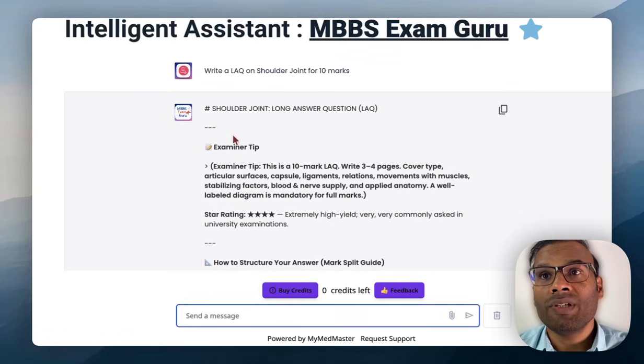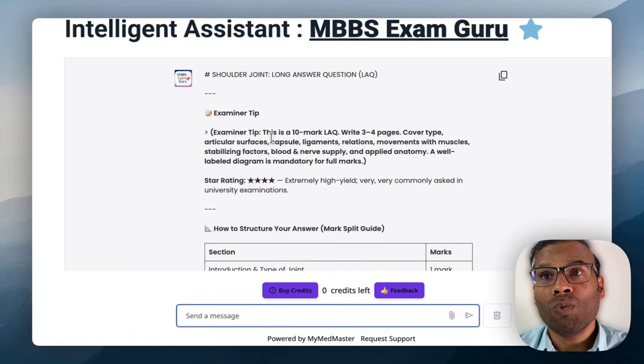First you will see the examiner tip. That means what an examiner expects for a particular question. This will be different for different questions. Here, as you can see, this is for 10 marks. It will suggest how many pages you should write roughly for that question, 3 to 4 pages. And it will suggest what is to be written.